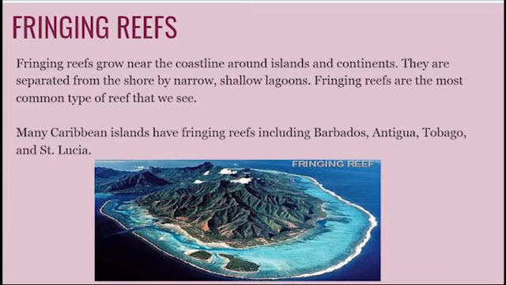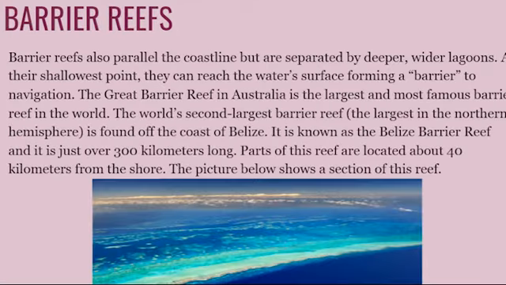Then the next reef that we will look at is the barrier reef. Now, barrier reefs are also parallel to the coastline, similar to fringing reefs, but they are separated by a deeper, wider lagoon. So the difference between a barrier reef and a fringing reef is that a fringing reef is separated by a shallow, narrow lagoon, while a barrier reef is separated by a deeper, wider lagoon.